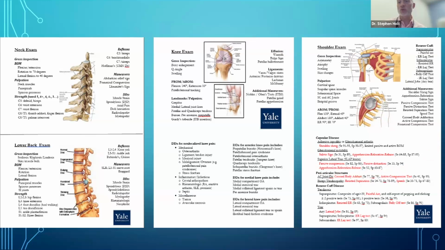And then residents would use those cards months later. They're seeing a patient with shoulder pain, and they want a quick reminder of what things they should make sure they do when they're trying to assess whether this person has biceps tendinopathy or concerns for AC joint pathology. They would quickly look at the card and remind themselves what the exam maneuvers were, and how useful they were.